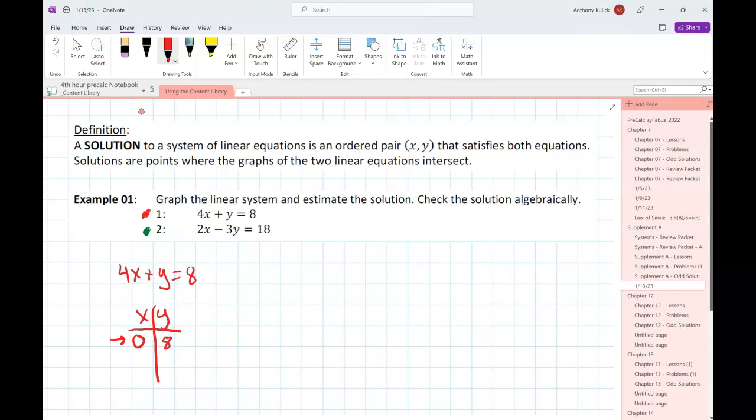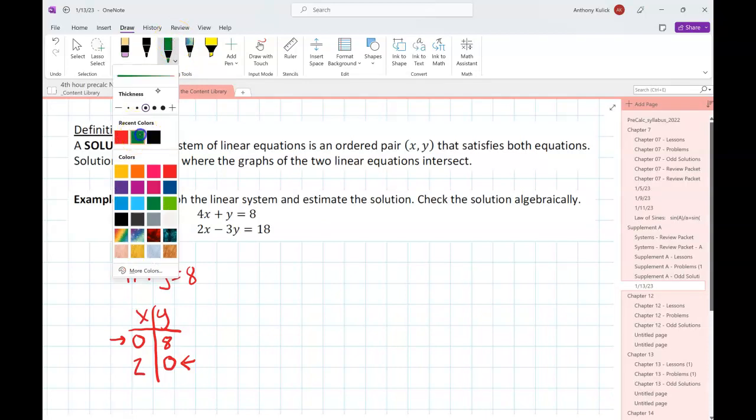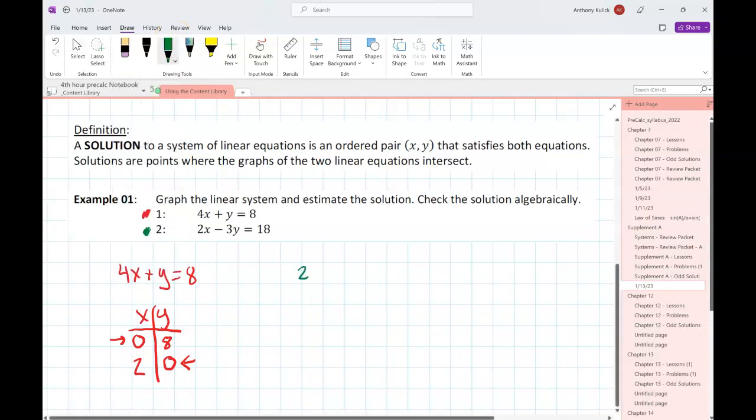Everybody happy with that? And then maybe I'll pick 0 for y now. When I plug 0 for y in, what does x have to be? Two, right? Because if I plug 0 in for y, I have 4x equals 8. So x would have to be 2. Does everybody feel okay with that one?